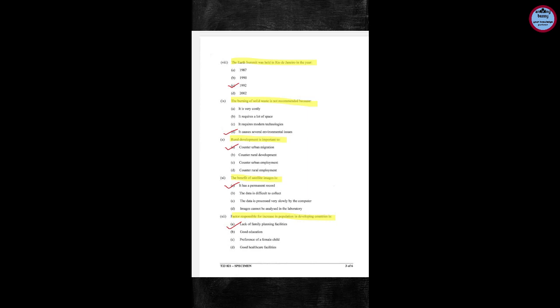Next question is, a factor responsible for increase in population in developing countries is: lack of family planning facilities, good education, preference of a female child, good healthcare facilities. The correct answer is lack of family planning facilities.